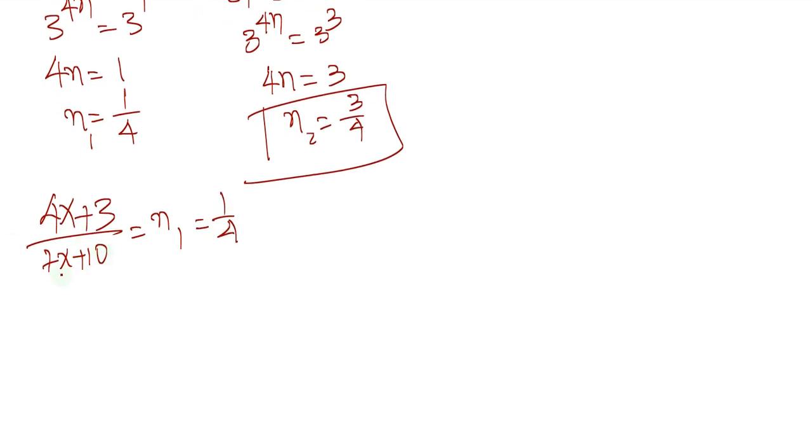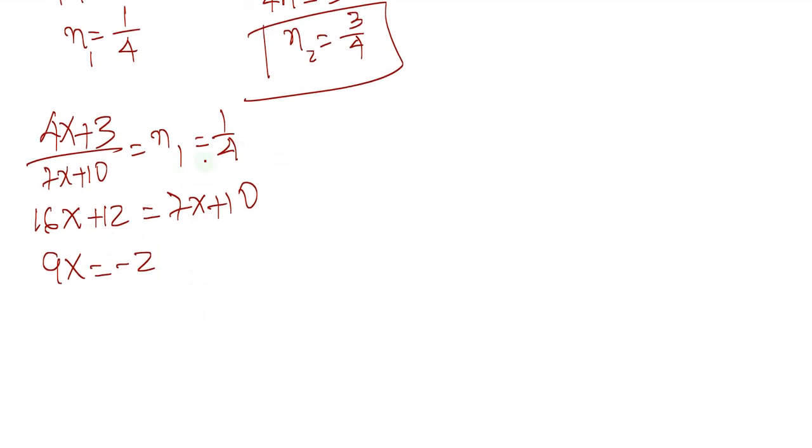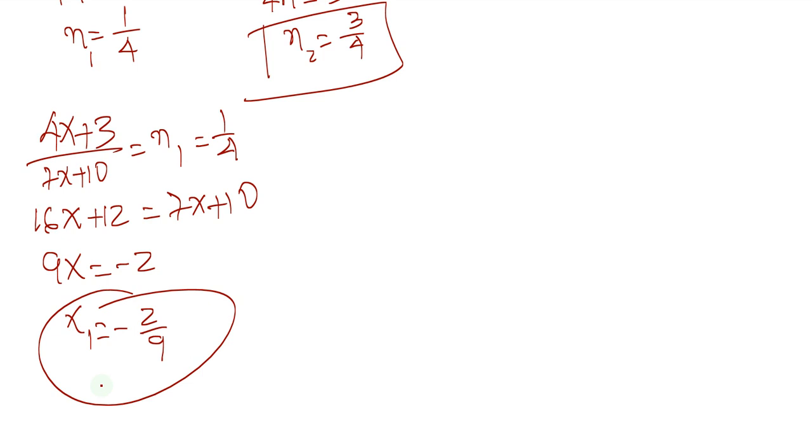Solving this, we multiply and have 16x + 12 equals 7x + 10. And then here I'm going to have 9x equals minus 2. So from n1 we have our x1 equals negative 2/9. This is the first solution.